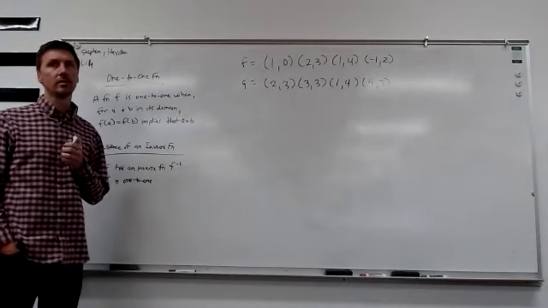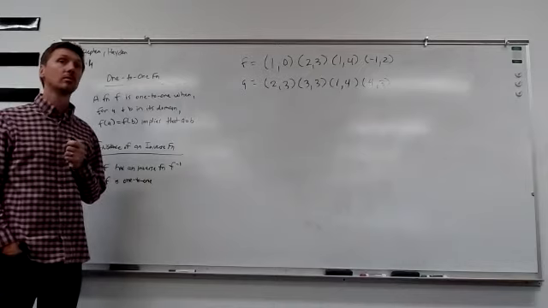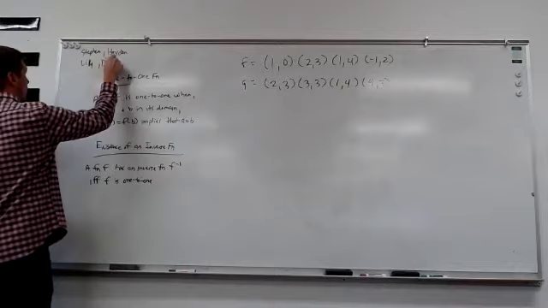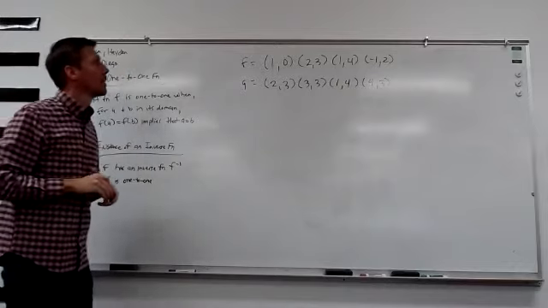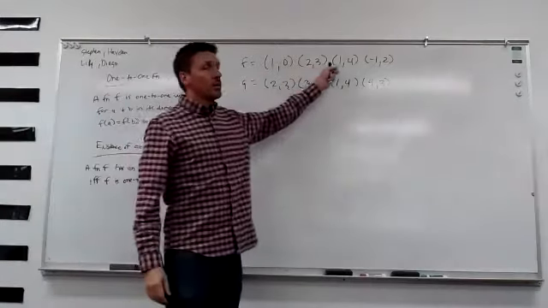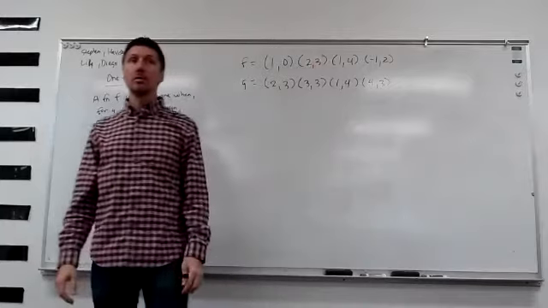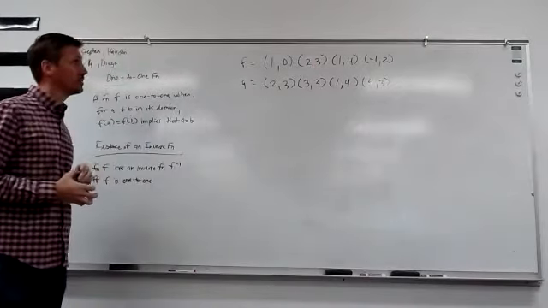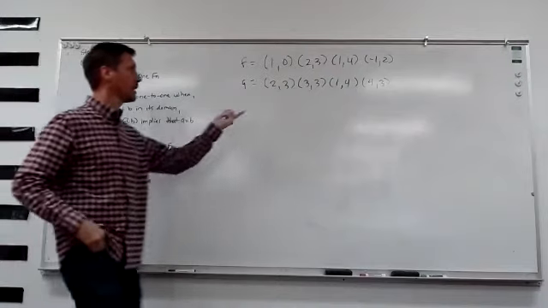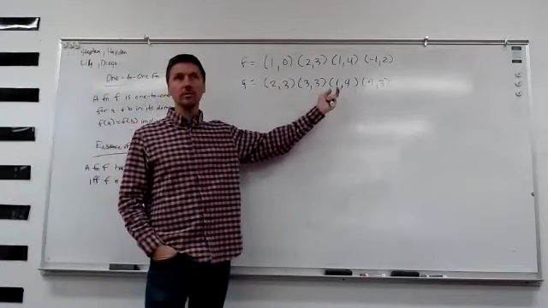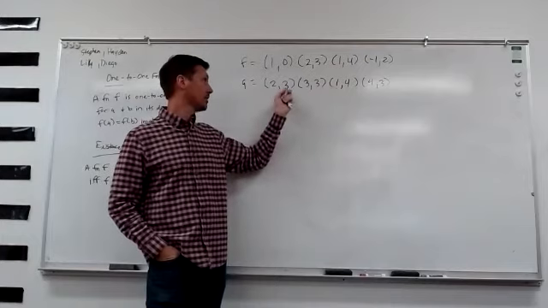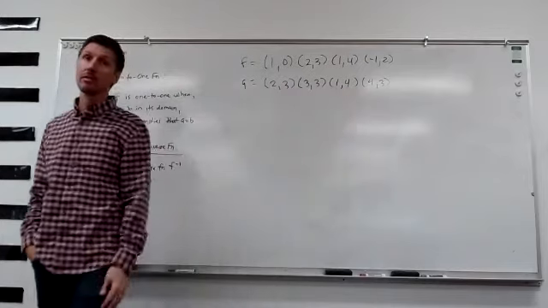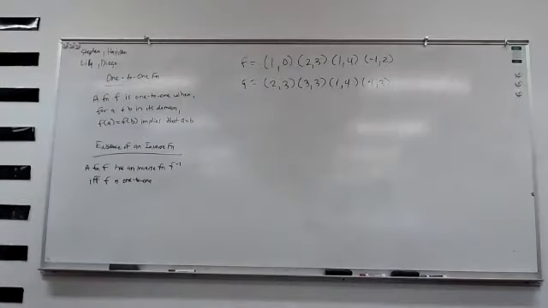F or G? F. Why is that, Diego? Because of the 1, 0 and the 1, 2. That's right, because for it to be a function, you can't have two of the same x values with different y values. But it's totally okay to have different x values that have the same y value. So here we've got 3 for the y value in 3 of these points, but they all have different x values, so it's okay.